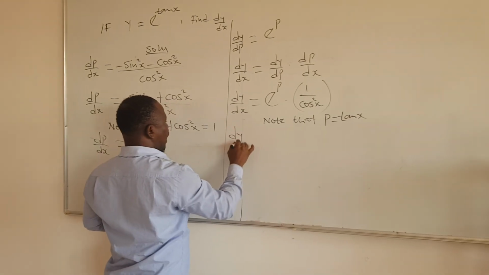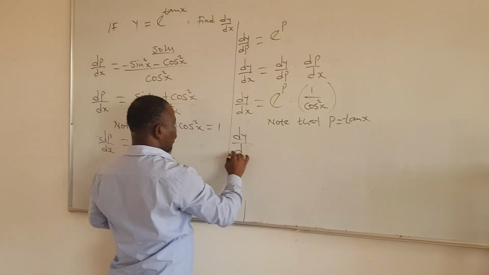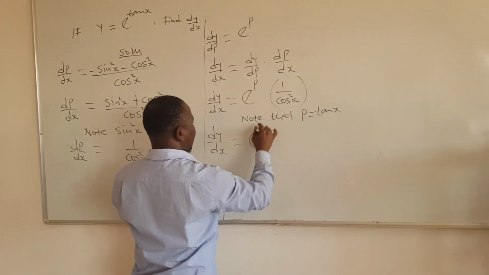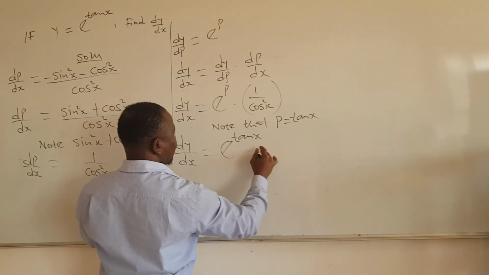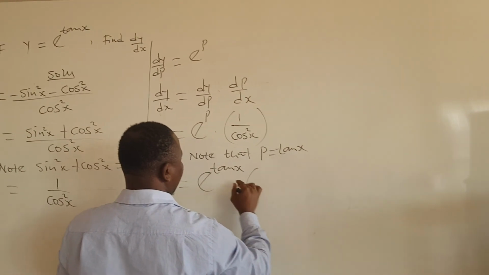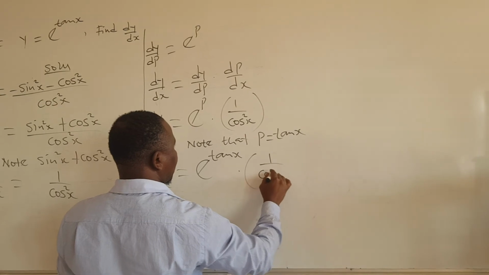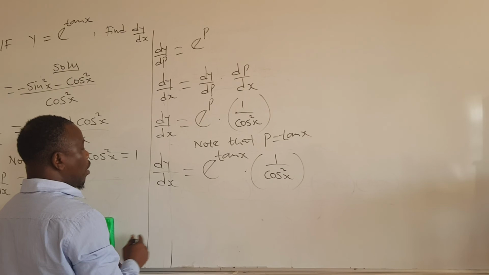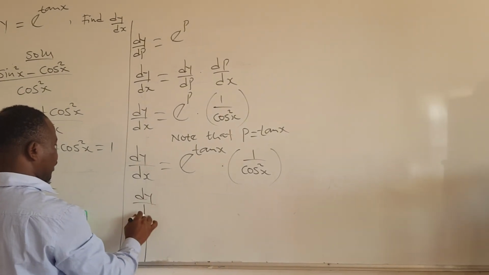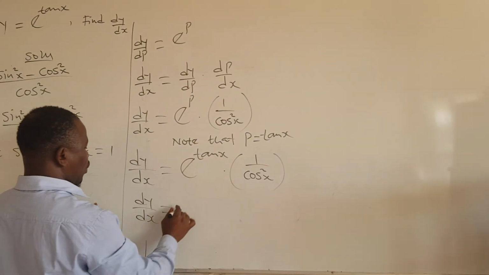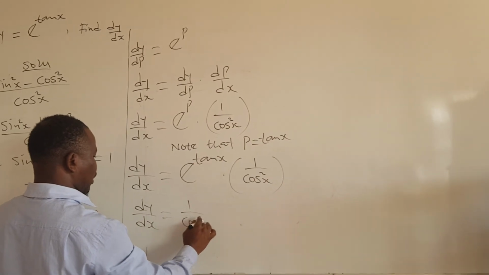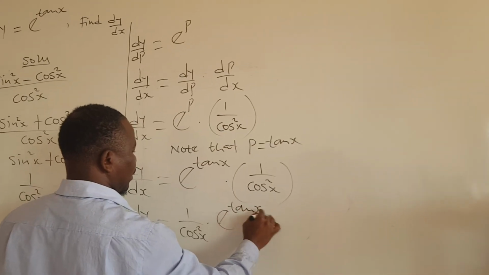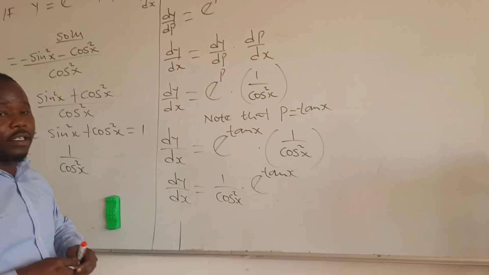So our dy all over dx is equal to exponential tan x all in brackets, all over cos squared x. Or this is the same thing as dy all over dx is equal to 1 all over cos squared x times exponential tan x. This is the answer.